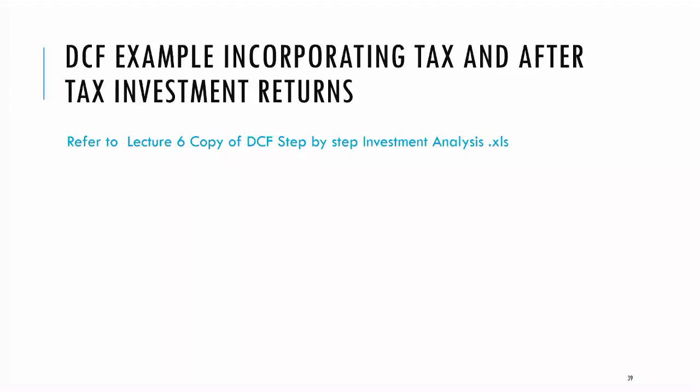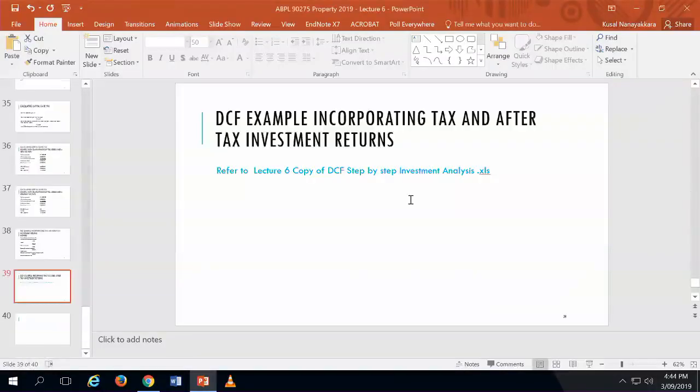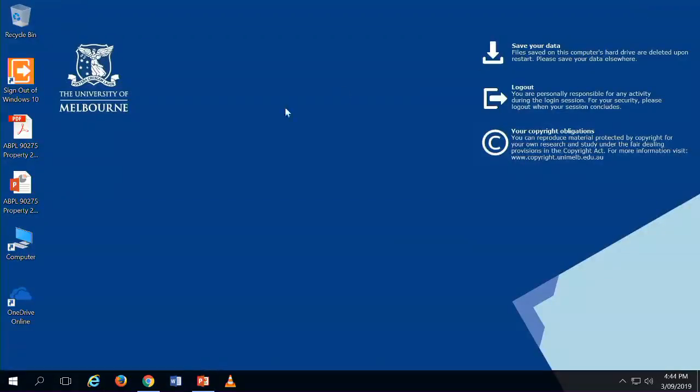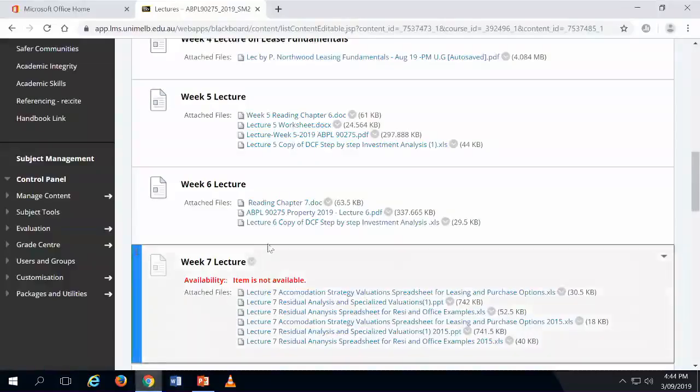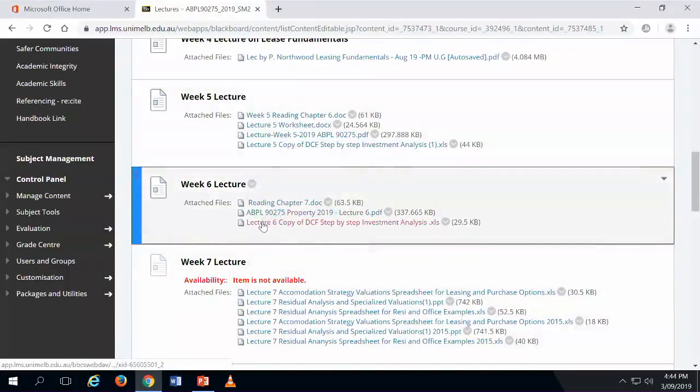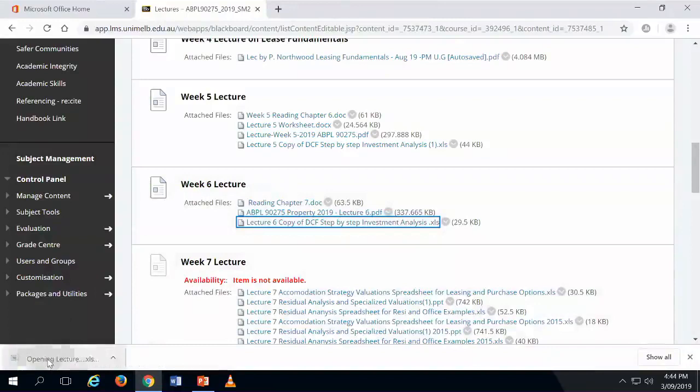All right. We have a calculation example I have uploaded into the LMS: Week 6 copy of DCF step-by-step investment analysis.